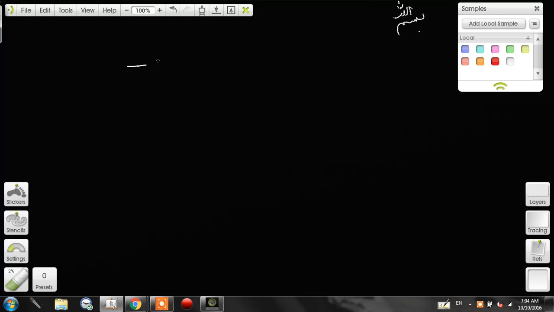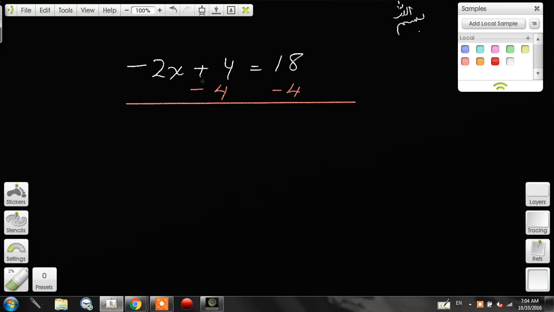Negative 2x plus 4 equals 18. Okay, let's do this. Simple enough. You subtract 4 from both sides. And then that's negative 2x. 4 minus 4 is 0. Equals 18 minus 4 is 14.